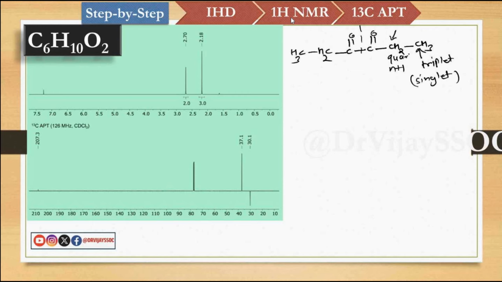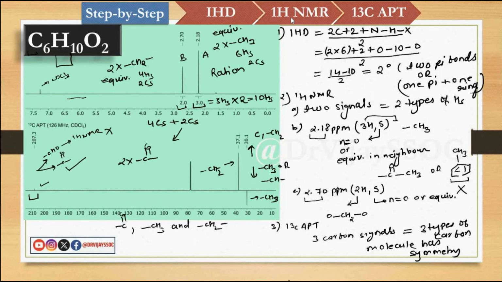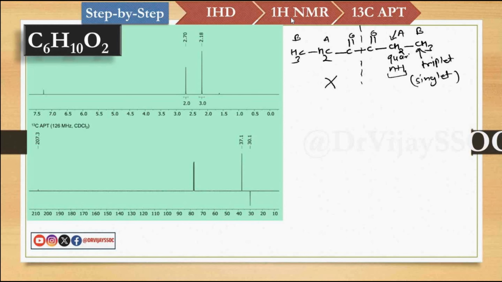And this molecule has a plane of symmetry, so this is A type, this is A type, this is B type, this is B type. This is okay, but this splitting pattern shows that this cannot be the correct structure. And there is another reason. If you remember, we have already concluded that this methyl is attached to the keto group because of the 2.8 ppm value, right? So this is not correct at all.